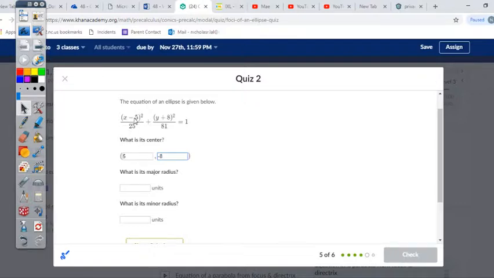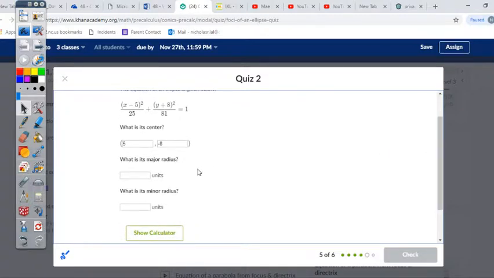You change the signs for the 5 and the 8. What is the major radius, or the semi-major axis? Here, the larger denominator is 81, so you find the square root of 81, that's going to be 9. The square root of 25 is the minor radius, so that's going to be 5. And that's all she wrote.